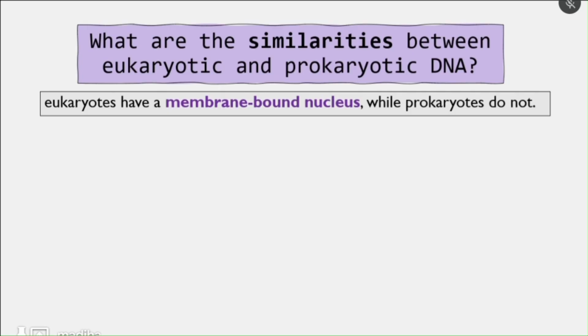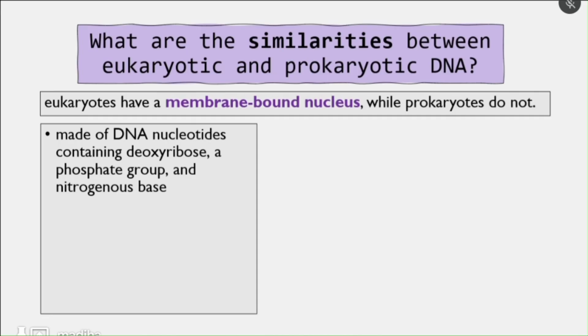In terms of their actual DNA, it's really similar. In terms of their structure, we have the DNA nucleotides containing deoxyribose, a phosphate group, and a nitrogenous base. If you remember from the very first topic, you've got the nucleotide structure looking something like this. We've got the phosphate group here.